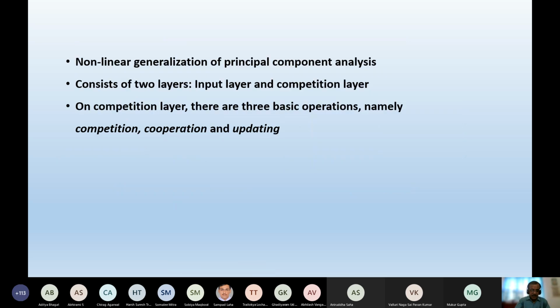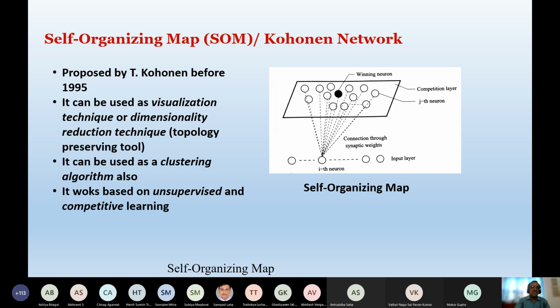Corresponding to each data point, the ith data point, I generate some connecting weights at random. Corresponding to this ith neuron in higher dimension, I want to find its corresponding representative on the competition layer.